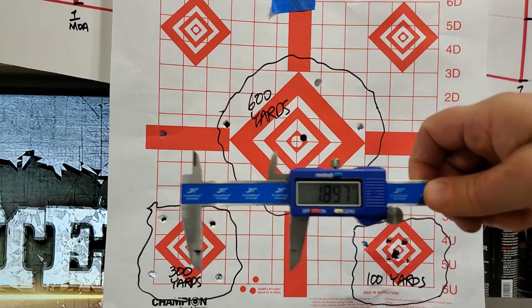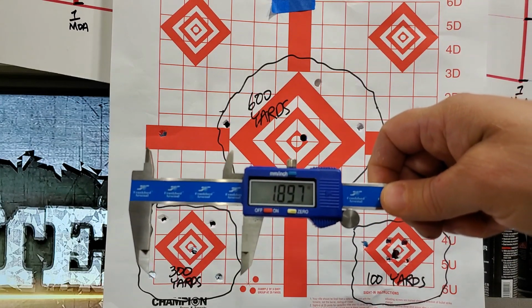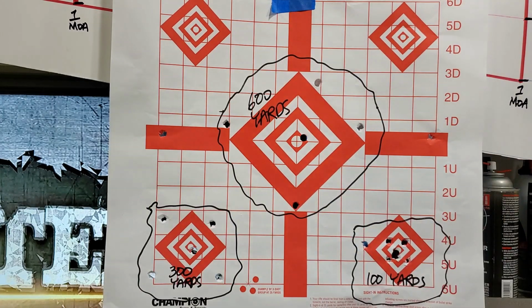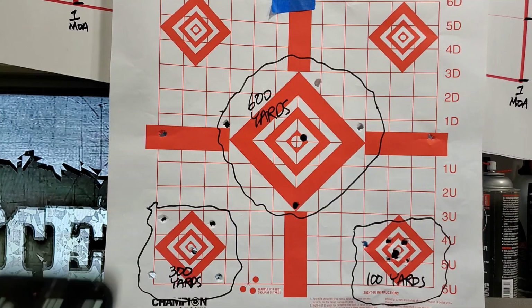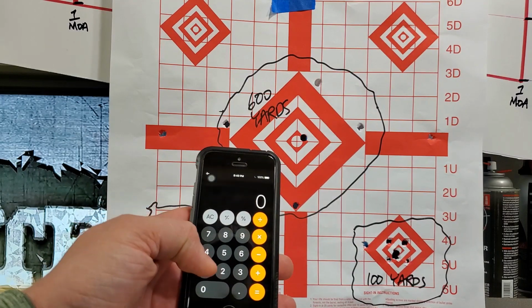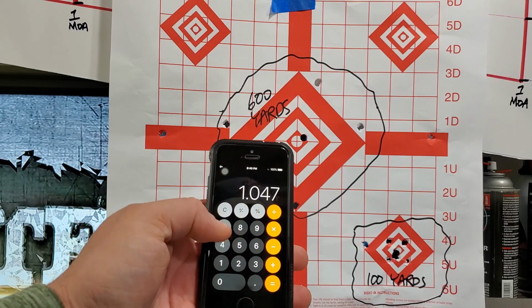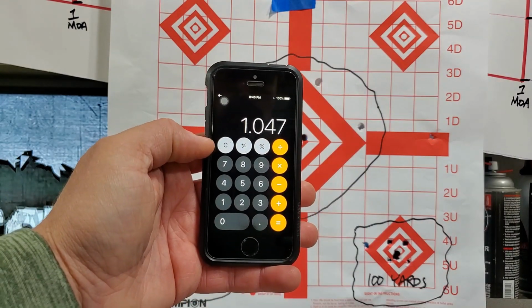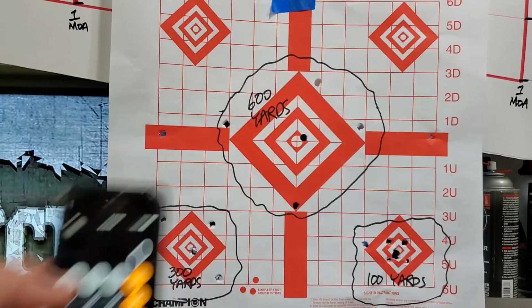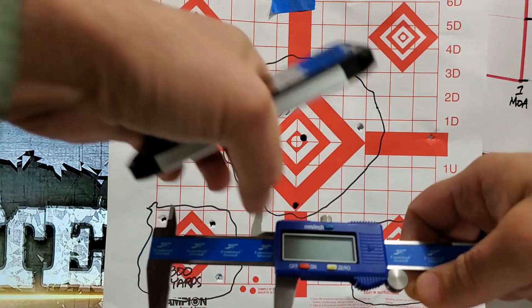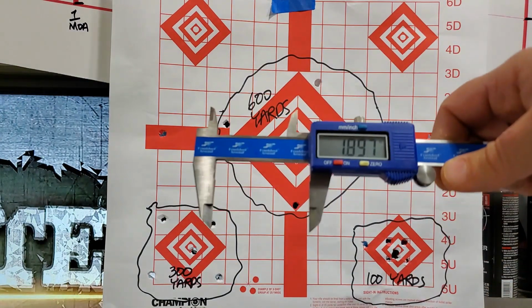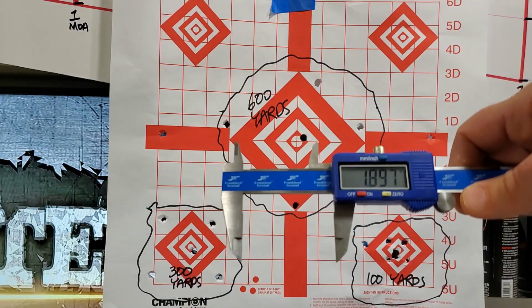And this comes out to 1.897 at 100 yards. Well, like I've already told you, at 100 yards, 1 minute of angle represents 1.047. Well, this measurement is 1.897.